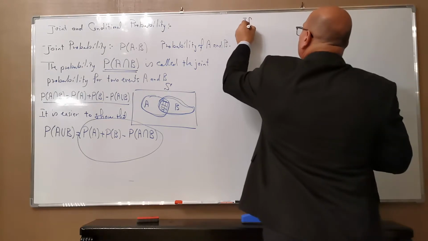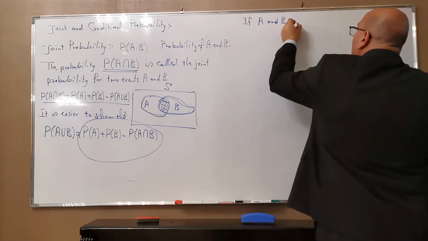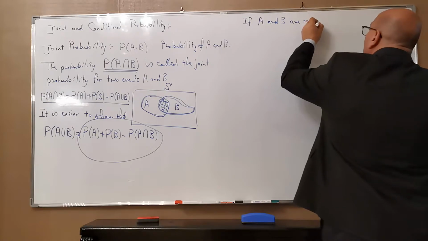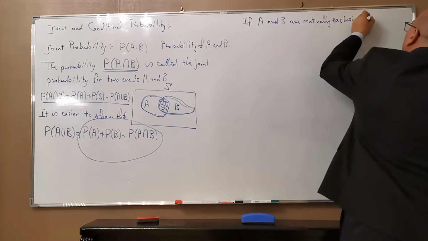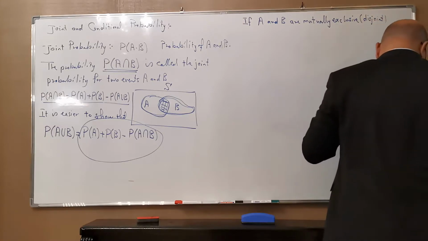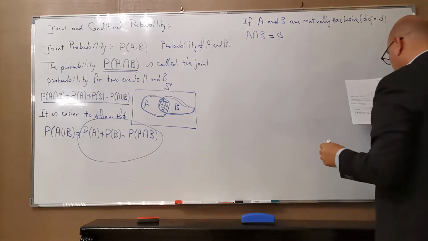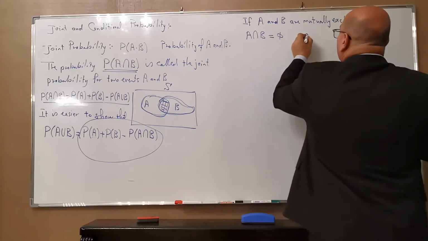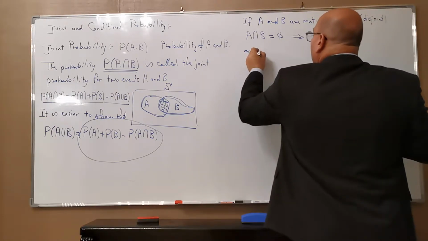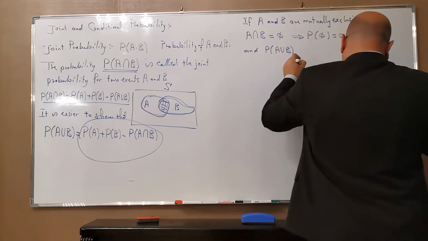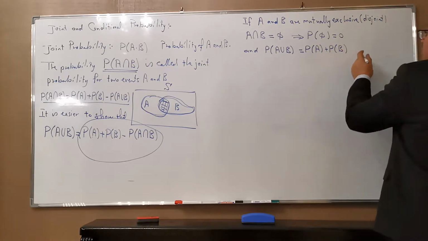Now, if A and B are mutually exclusive or disjoint, this means that A intersection B equals phi, which means that the probability of phi equals 0 and the probability of A union B is equal only to the probability of A plus the probability of B. So there is no subtraction.